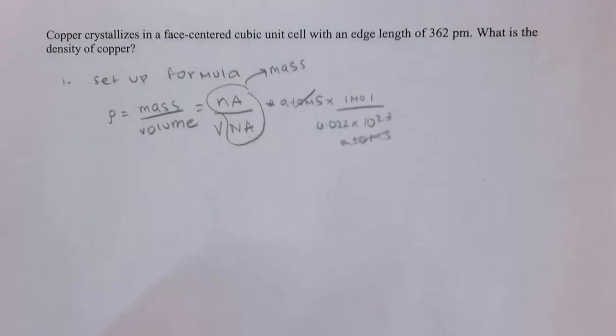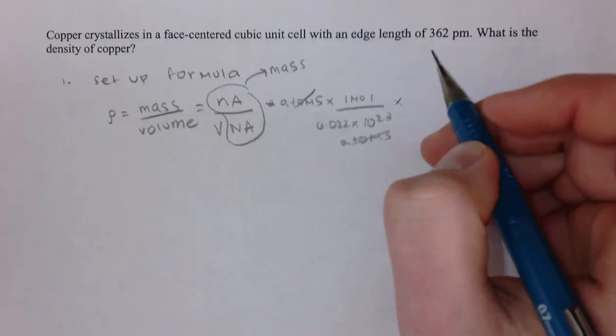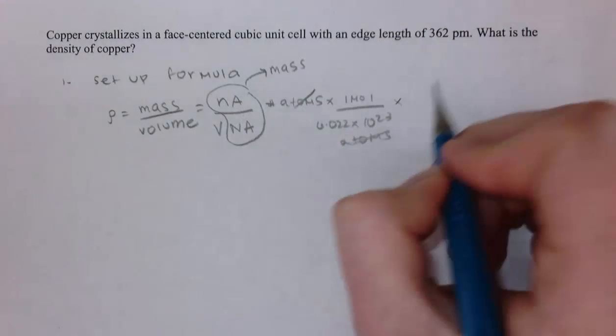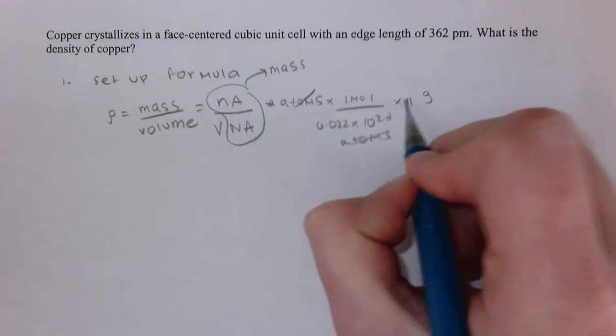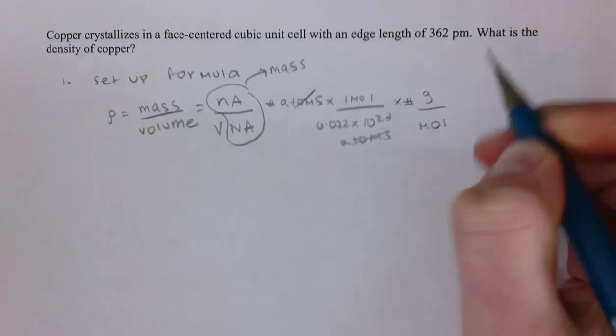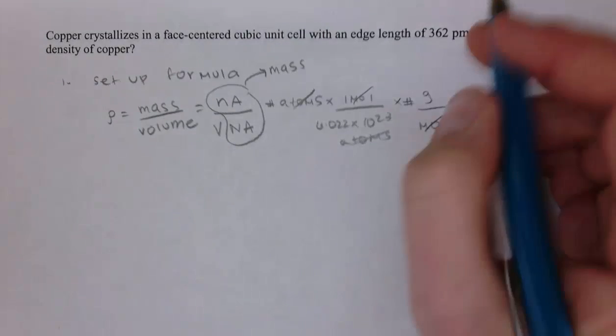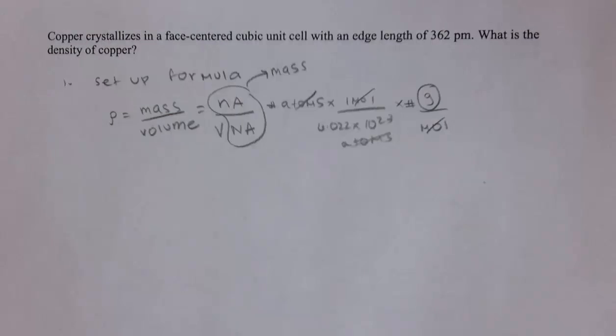Our atoms units end up canceling. And then when we multiply by our molar mass, we end up having some number that represents our molar mass in units of grams per mole. Mole will cancel, and we're just going to end up with units of grams and get our mass. So that's where that formula comes from.